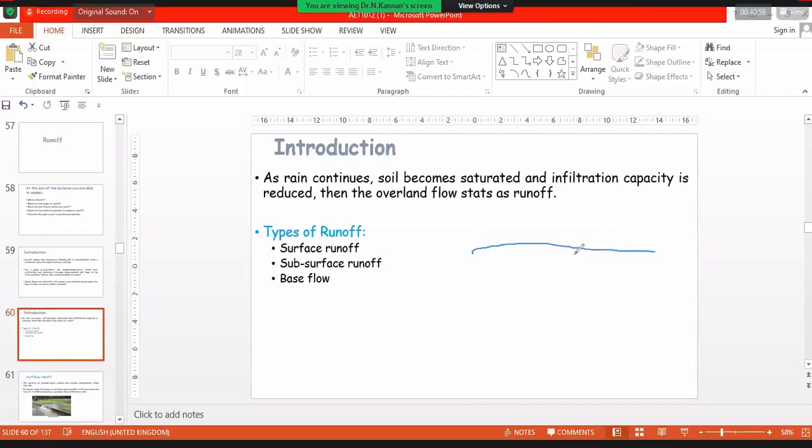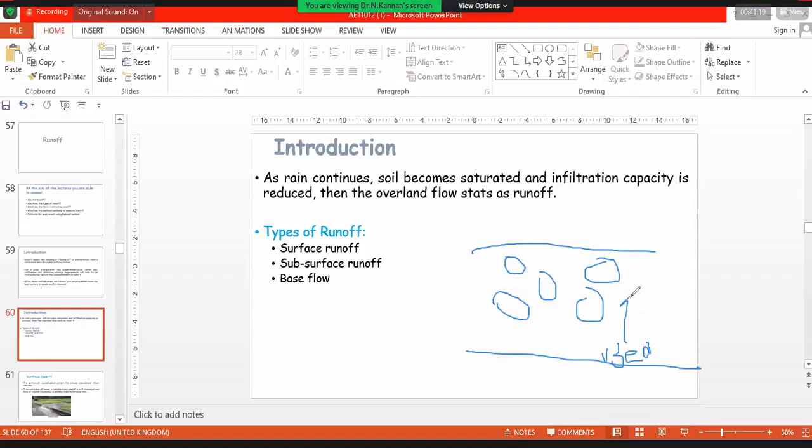This is the surface. I have told you we have got soil particles. So this is the bedrock, and from this we can have this soil particle. This is basically through the process called soil genesis, right?